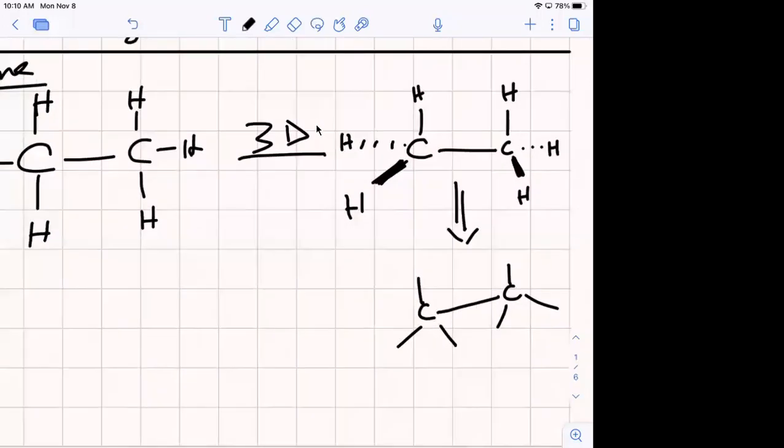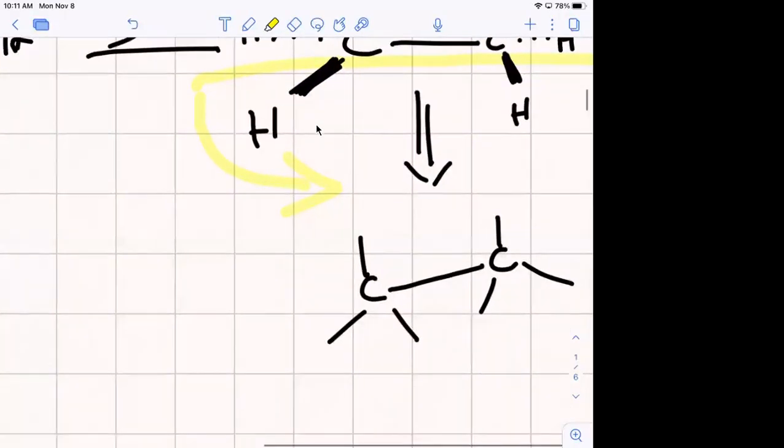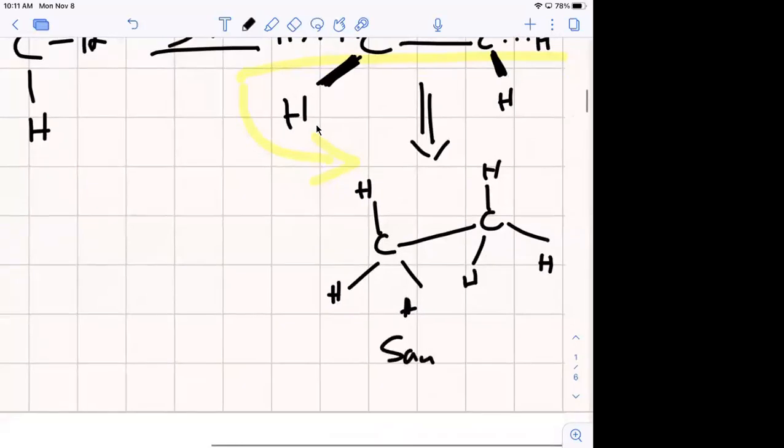If we turn the molecule that I have drawn in 3D, if this is the plane here and we rotate it around this way, we see this, which is what we call a sawhorse.